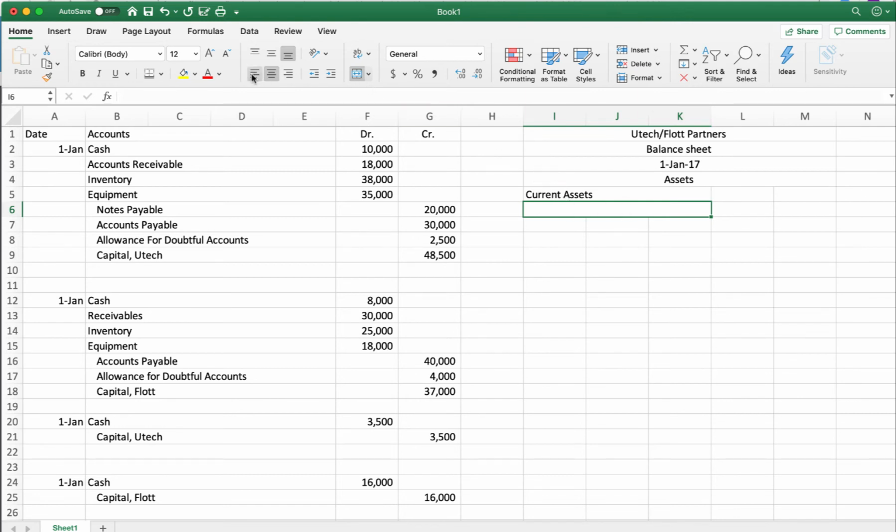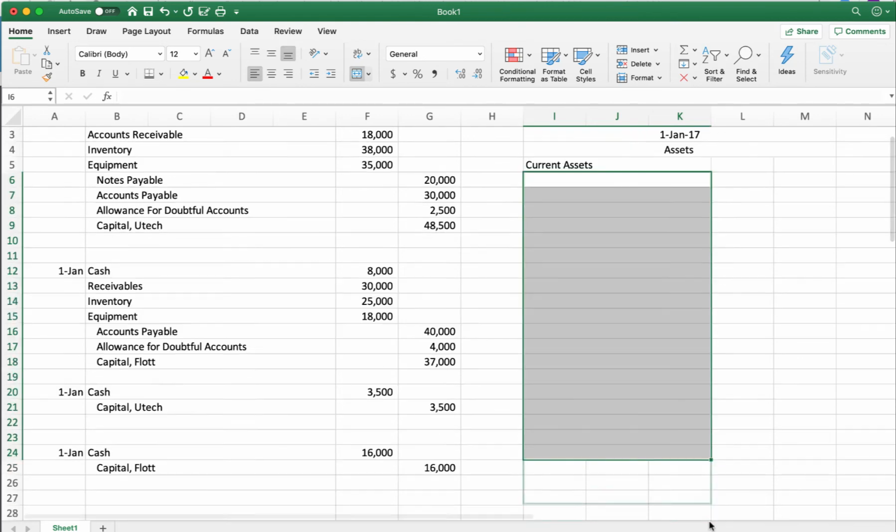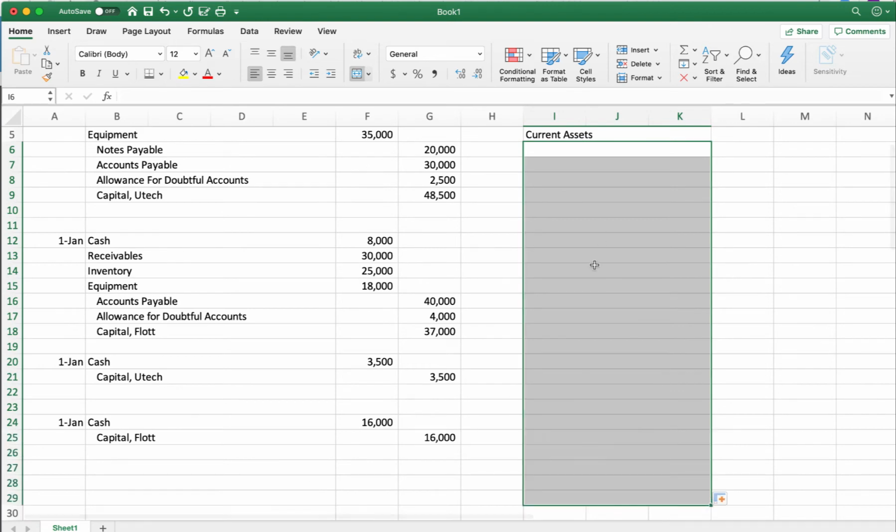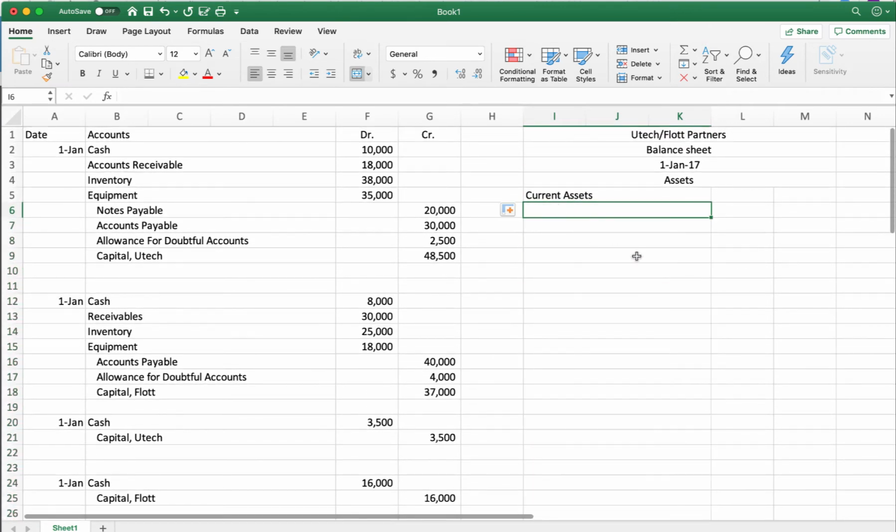I merge and center, left align, and I'm just going to click and drag an arbitrary amount, just to make sure that we have enough space. Now, normally, after we do the journal entries, we post to the ledger, then we do the financial statements. We can skip the posting. The only problem is we need to be very careful when we're calculating the account balances from the journal. Let me show you what I mean.